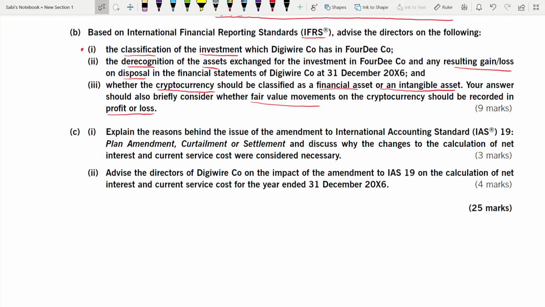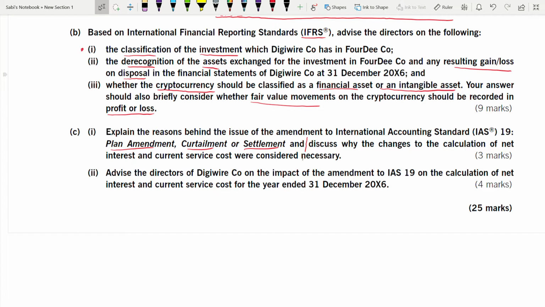What is it? Plan amendment, curtailment, or settlement? And discuss. So this is one part till here, and after "and" is another requirement. And discuss why the changes to the calculation of net interest and current service costs were considered necessary.